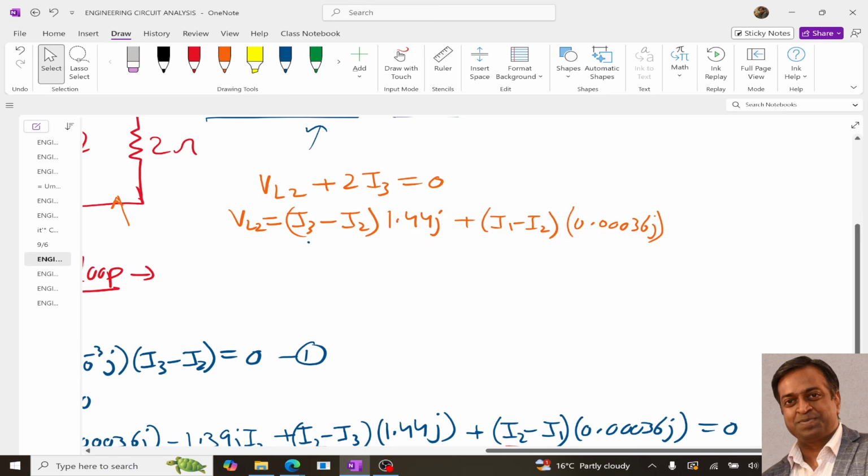Now having this VL2, we will use this equation. So we will have I3 minus I2 times 1.44 J plus I1 minus I2 times 0.00036 plus 2I3 equal to 0.